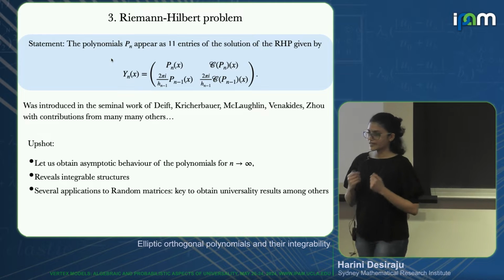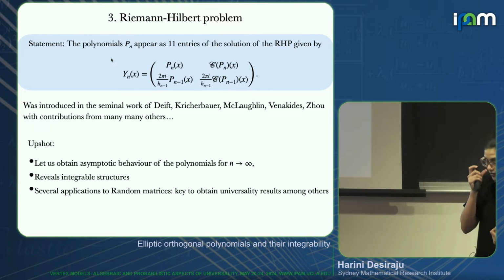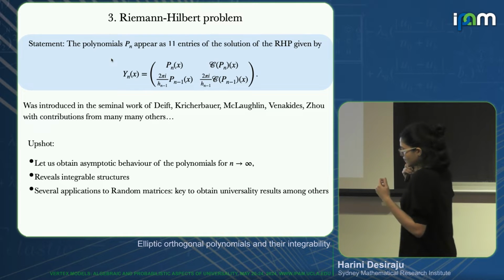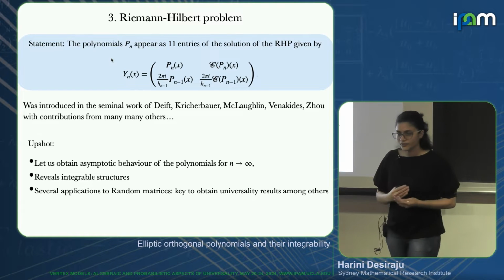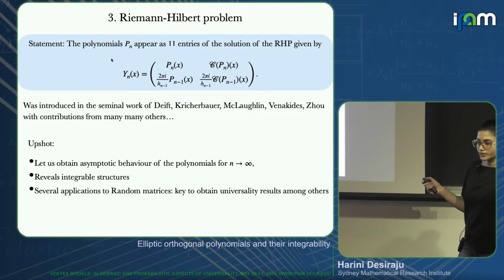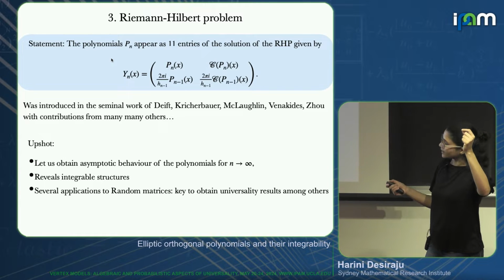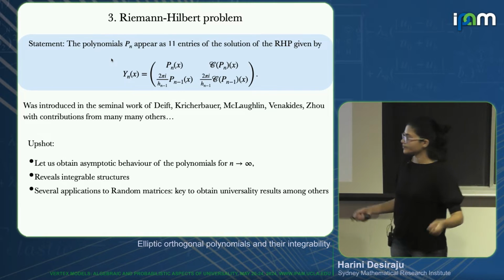But there are several more that have contributed to the development of the Riemann-Hilbert technology for orthogonal polynomials. The main takeaway for the Riemann-Hilbert problem is that instead of studying the polynomial, you can study such a matrix such that the 1-1 entry gives back the polynomial.